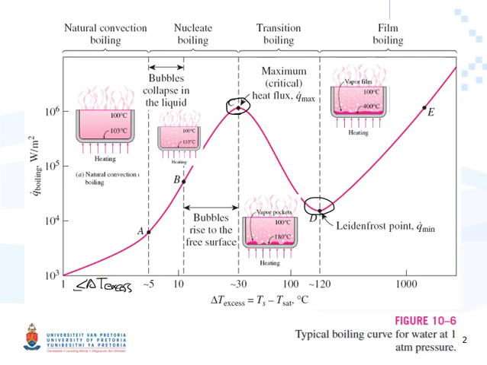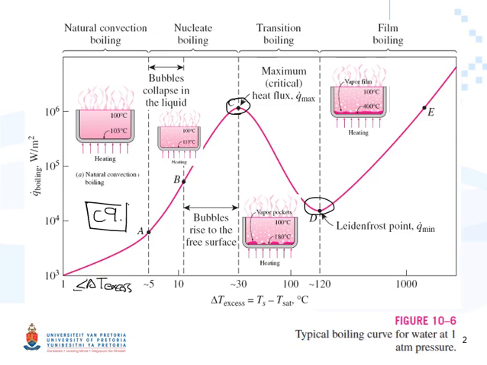It means that in this region, boiling is governed by natural convection currents. Heat transfer in this case can be determined just using natural convection relations. So whatever relation we need, we go to chapter 9 of the textbook and we can find it.